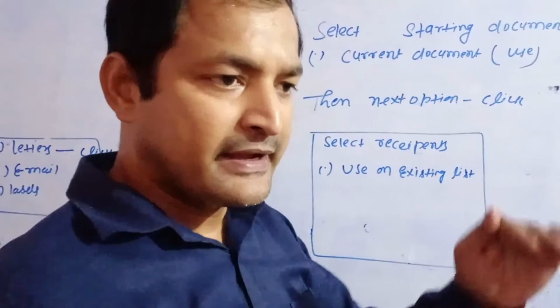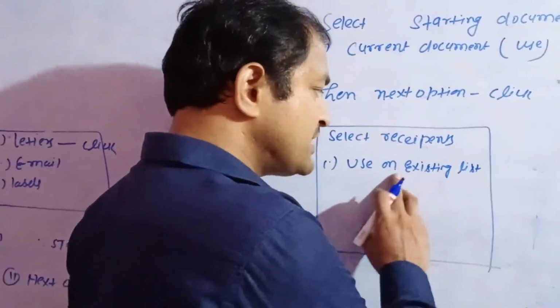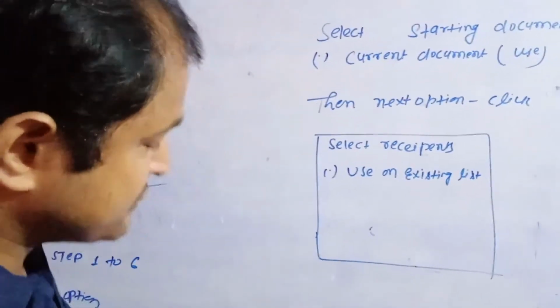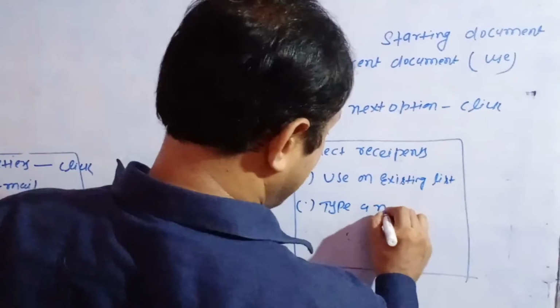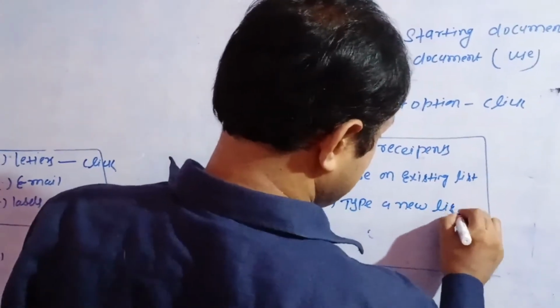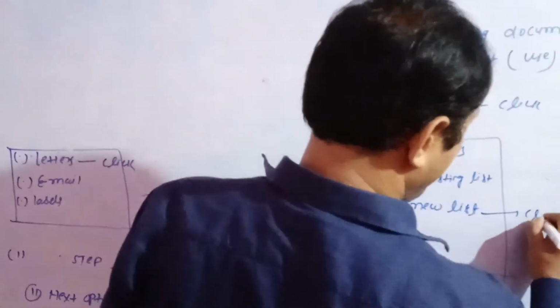Then all of our criteria are in front of you. But I do not choose use an existing list, I choose type a new list. Then click.